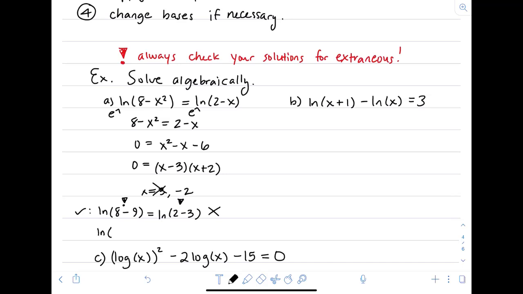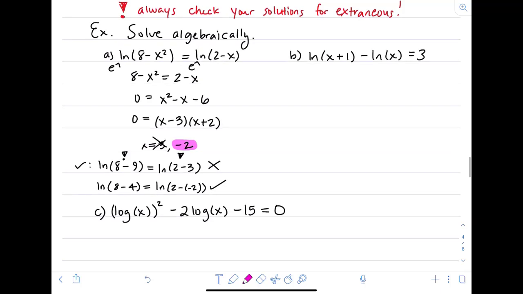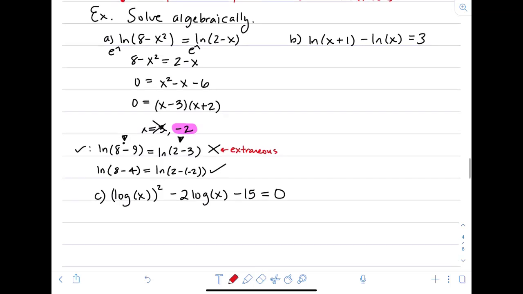When I plug in negative 2, I get 8 minus 4, and on the right, I get ln of 2 minus negative 2. Perfect. So that one works out. We only have the one solution, which is just negative 2. So this is what would happen with an extraneous solution. That x equals 3 here was an extraneous solution.